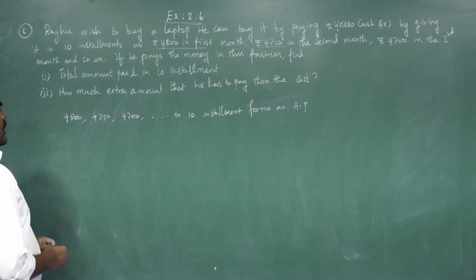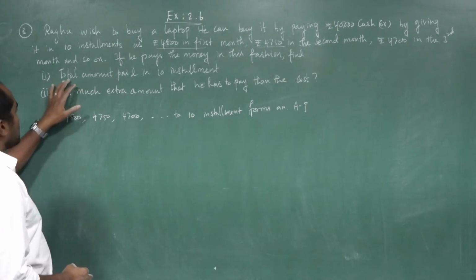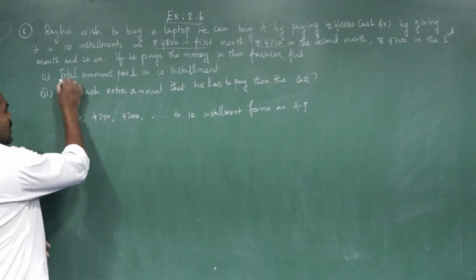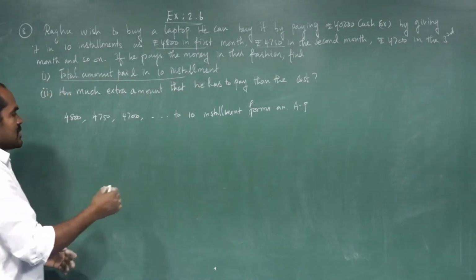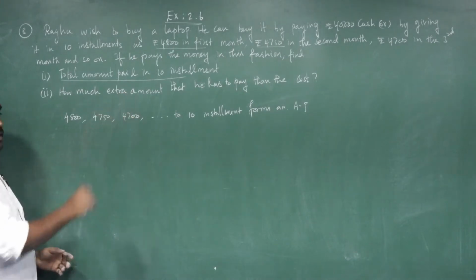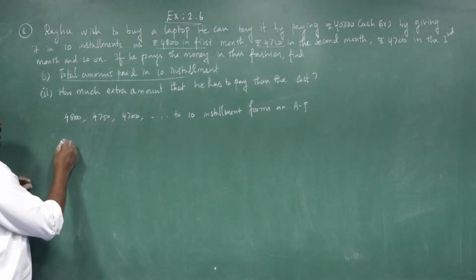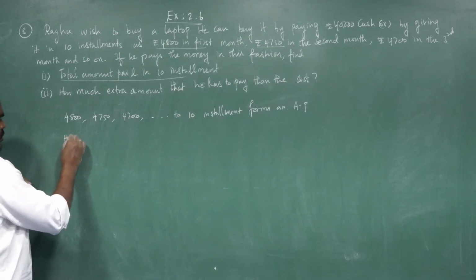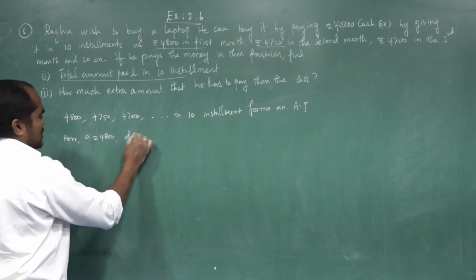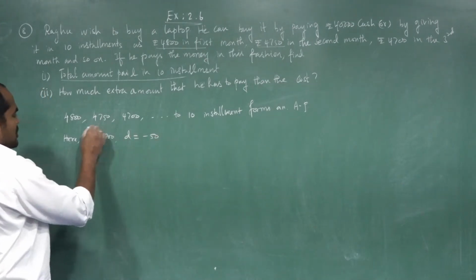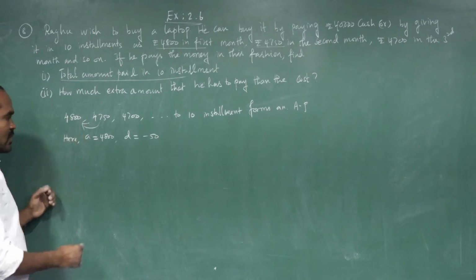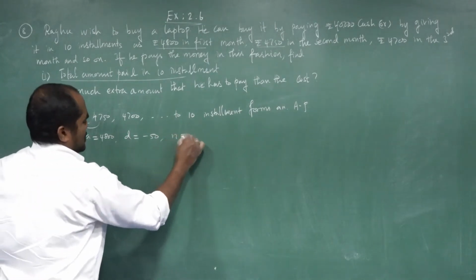So here we want to find the total amount paid in 10 installments. So total amount means what? Sum of the series 4,800 plus 4,750 up to 10 months, right? So we need the first term. Here a is 4,800, d is equal to minus 50 because 4,750 minus 4,800 is minus 50, and number of terms is 10.